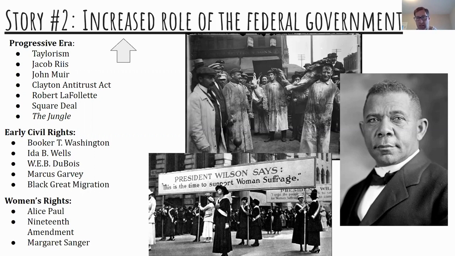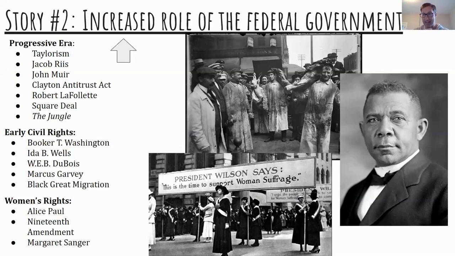And what we start to see in period 7 is a backlash to that. We see the calls by people for the government to get more involved in regulating business and fixing problems in society. Now, I'd like to point out that the overall trajectory of the role of government in period 7 is to increase.